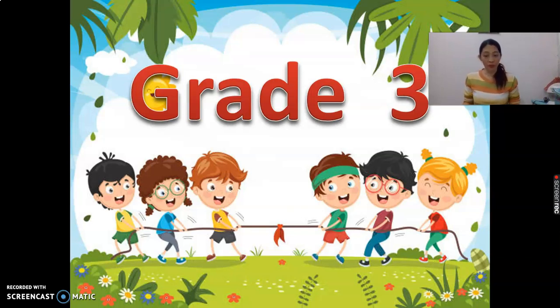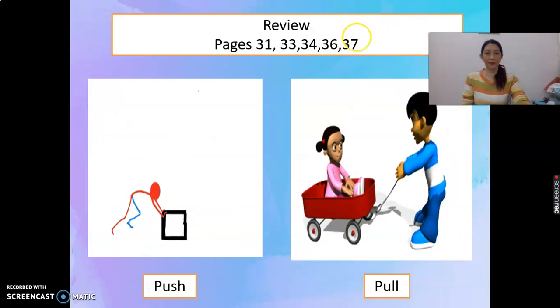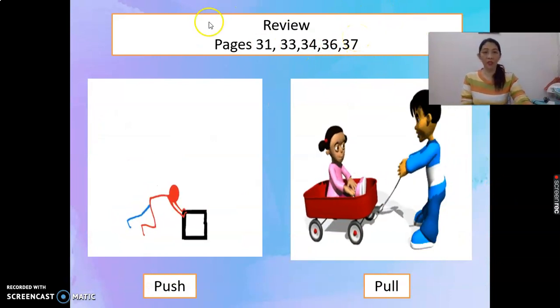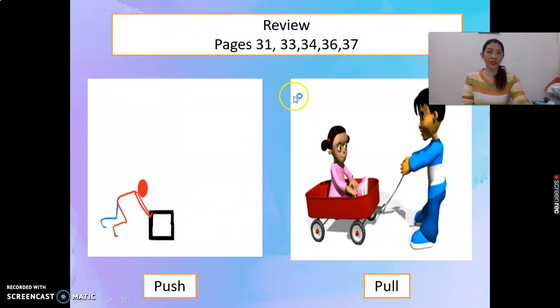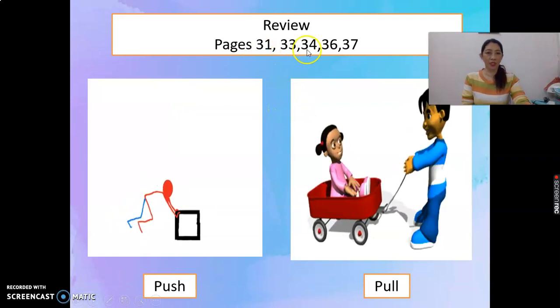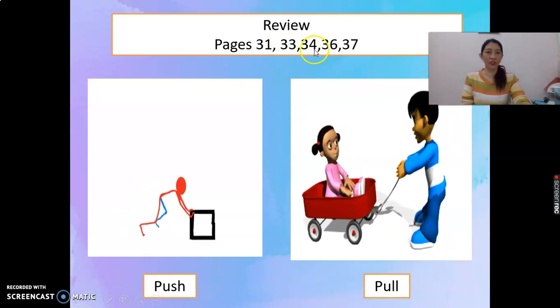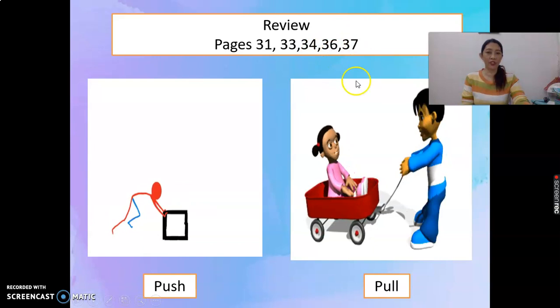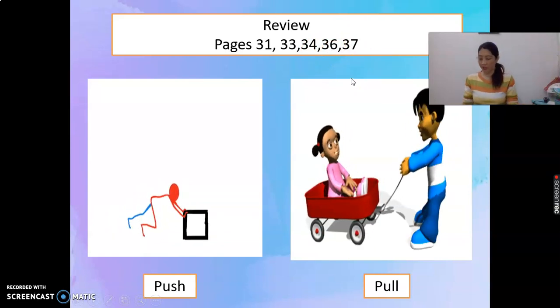Before we start, we will review our topics. We have a review for this term test: pages 31, 33, 34, 36, and 37.